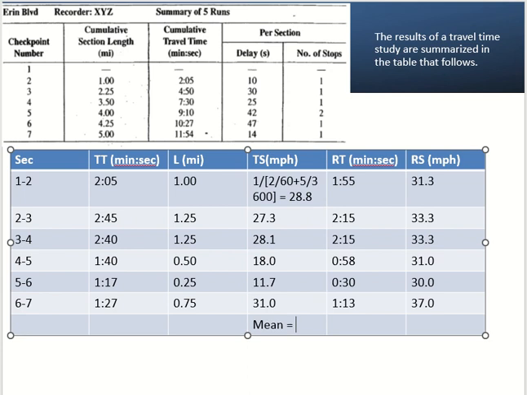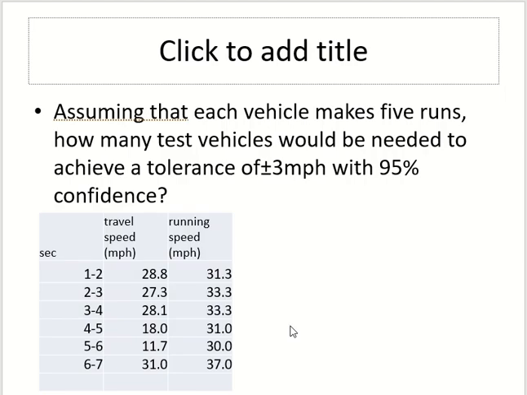Find the confidence interval for each segment. The confidence interval, is it for each segment or for the whole? What confidence interval? That's 95%. We want to find the number of samples. Number of samples doesn't require finding the confidence interval, it is given. We are not finding the confidence interval.